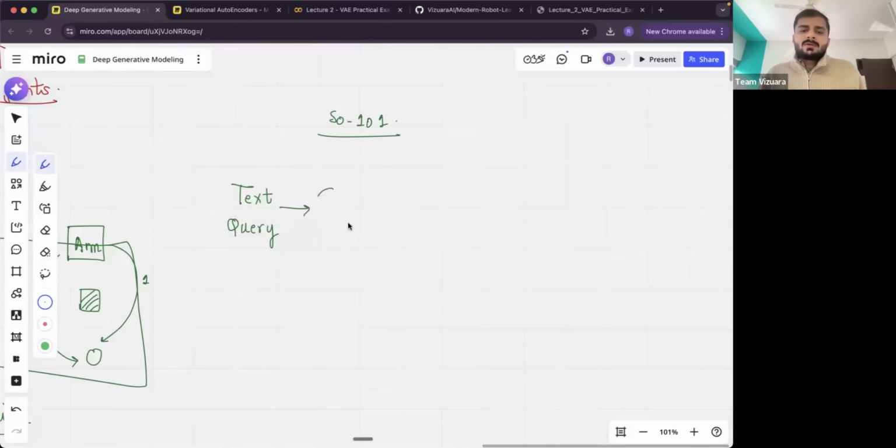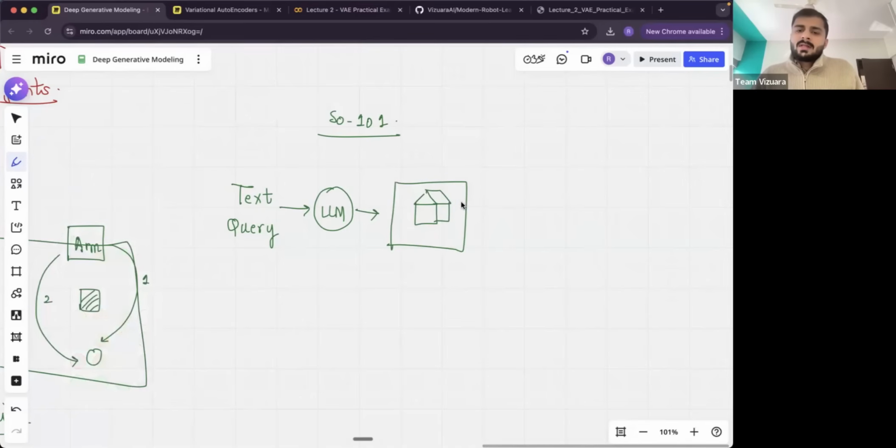Then this text query was fed into an LLM, and then this LLM gave the coordinates of the house. Now they had two different robots. There was one robot which actually drew this trajectory.